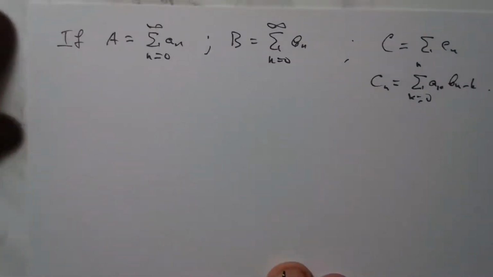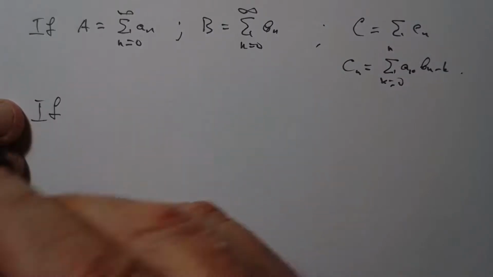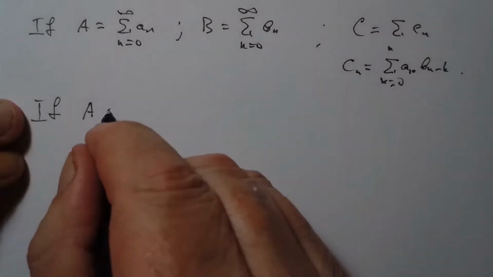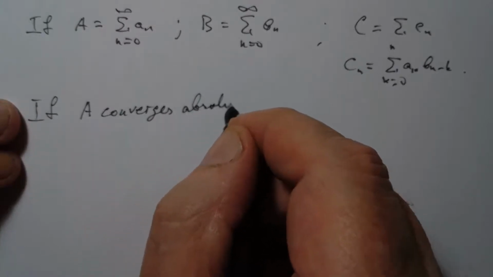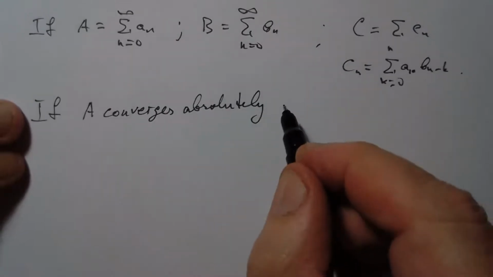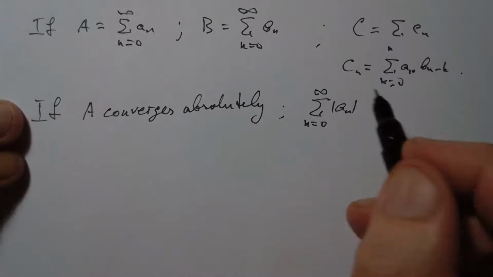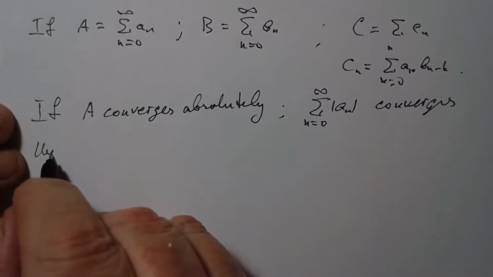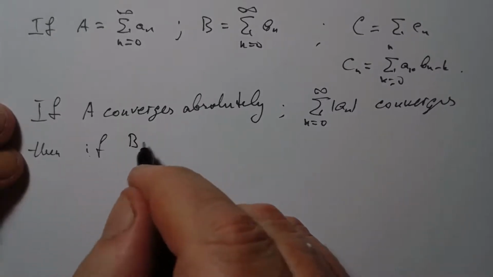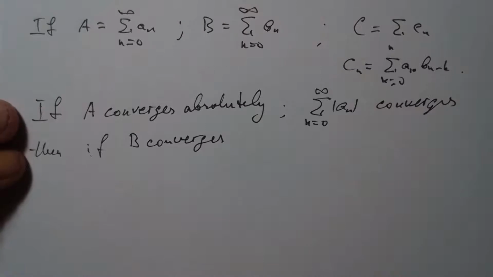So there is a next theorem that says that things are not as bad as we may imagine they would be, because it turns out that if one of the series, for instance, if the series A not just converges, but converges absolutely, which means that the series of a_n with absolute value, n from 0 to infinity, converges, well then, if B converges, and converges absolutely or not, I really don't care.